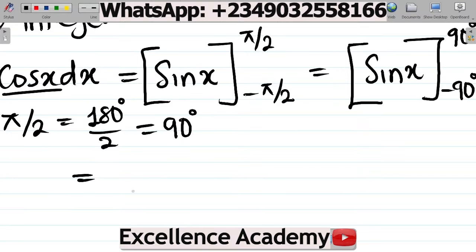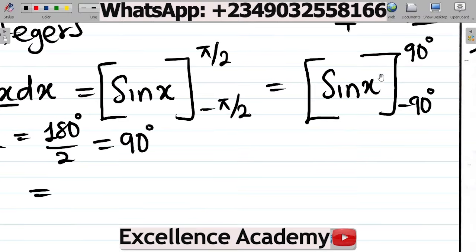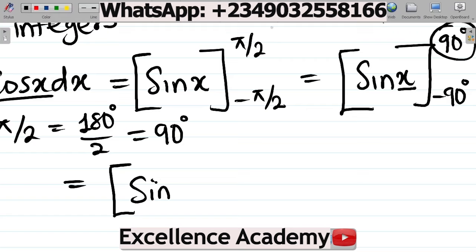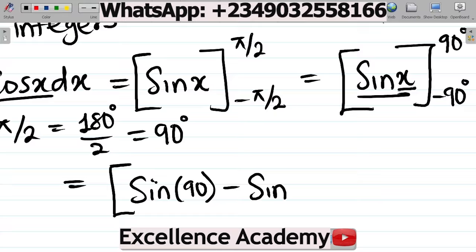To solve this expression, when you have sine x, in place of x here, I'll put what I have here, which is called the upper limit. That becomes sine 90 minus, repeat this same thing here, sine, in place of x put the lower limit, which is minus 90. Sine minus 90.